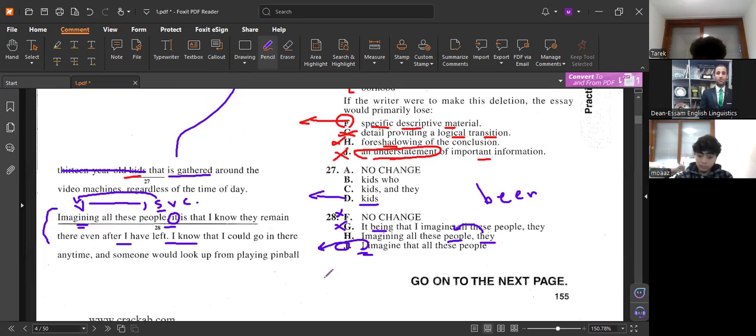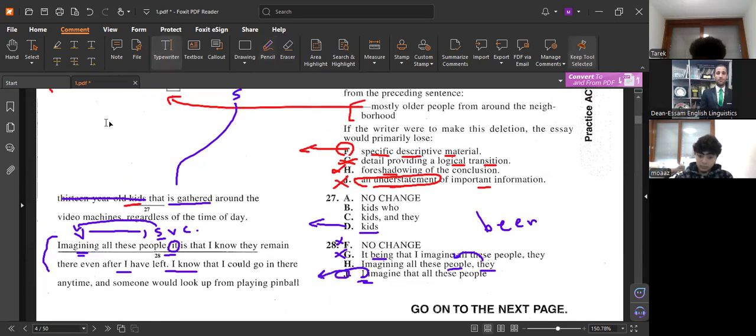Remember, we test you on modifiers. I told you modifier: verb plus ing at the beginning, then a comma, and then the sentence. Your job, Muaz, is to check: did this subject do this action or not? If it did, that's correct.